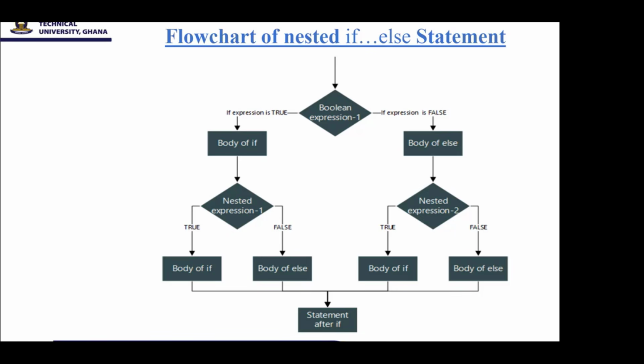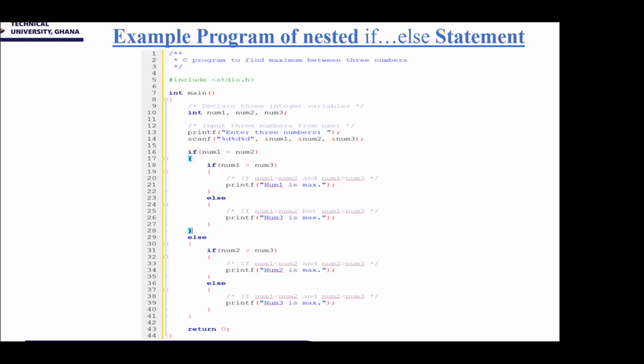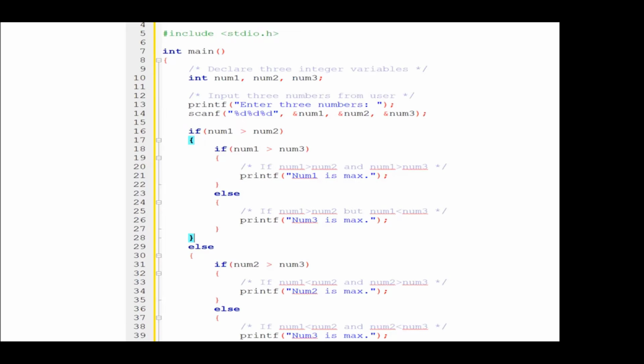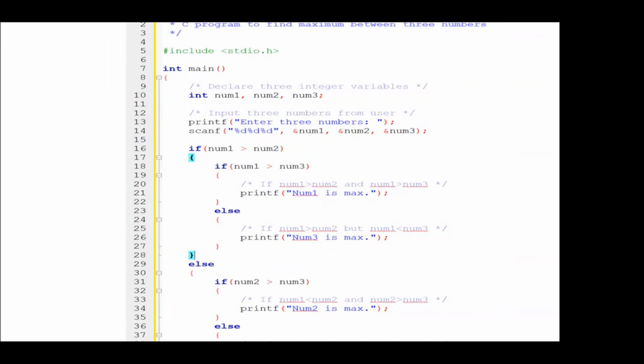So now let's illustrate this with the help of an example of a code. You have 3 numbers and you want to check which of these numbers is maximum.